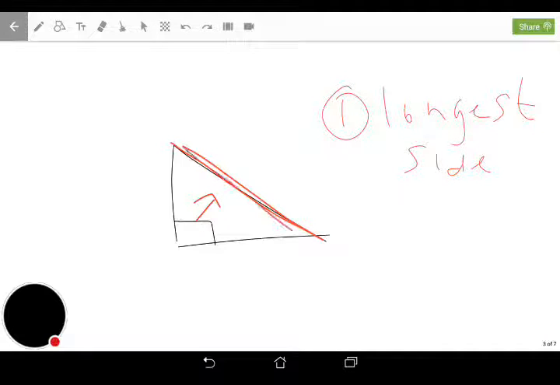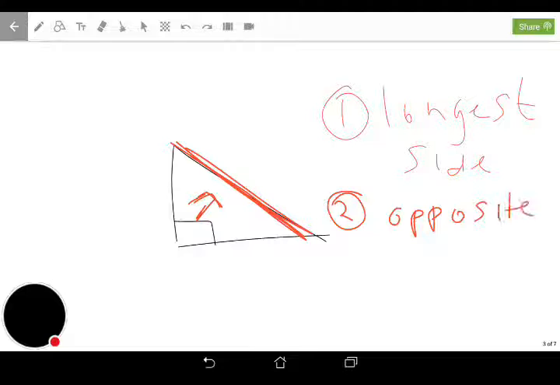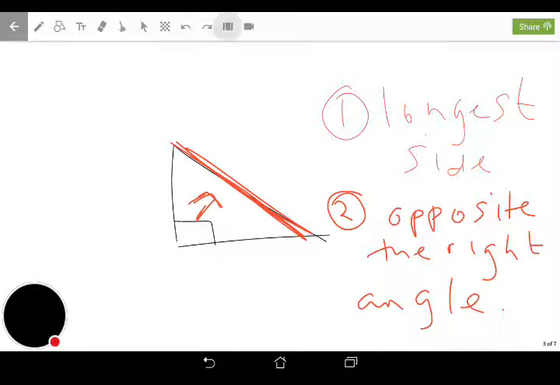So this length over here is the hypotenuse, and we know that because it's the one opposite the right angle, so it's worth making a note of this. The hypotenuse is the longest side, and we can identify it as the one directly opposite the right angle.